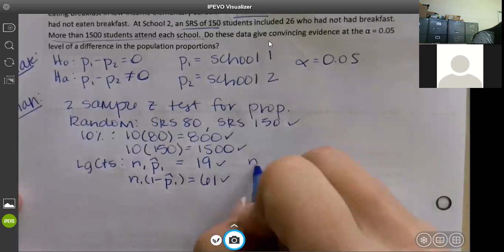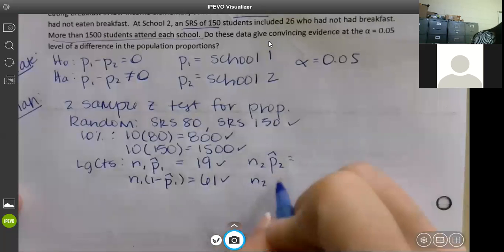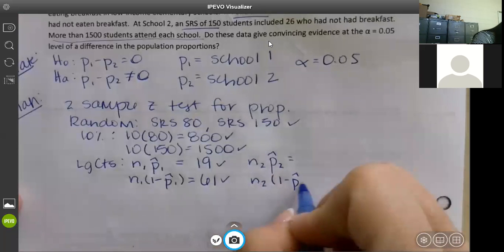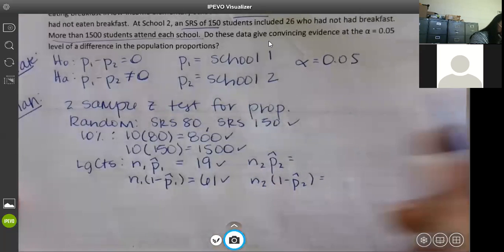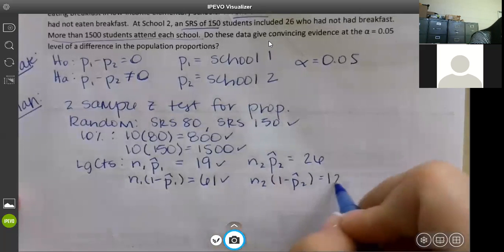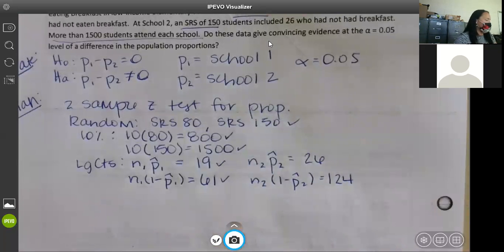And then you have to do N2 P hat 2, N2 (1 minus P hat 2), and we get 26 and 124. In just a minute, I'll define P hat 1 and P hat 2 if you don't know where the proportion is coming from.